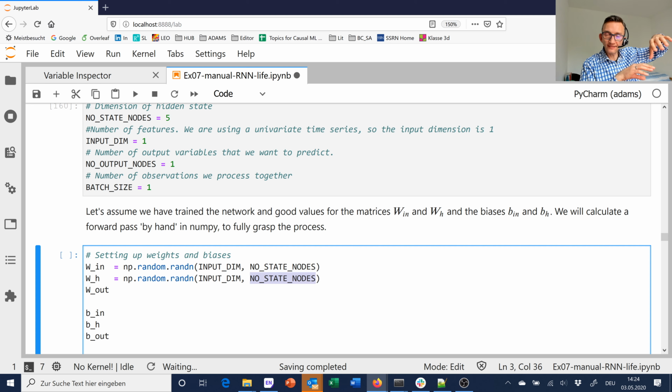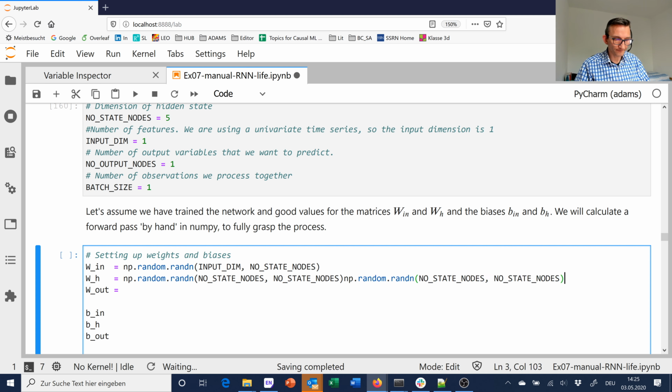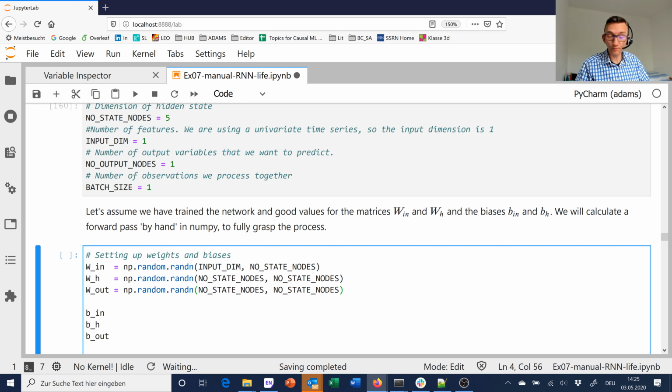We take the hidden state and map it to the next hidden state, HT minus 1 to HT. So here we need the dimensionality of the hidden state. And similarly, oops, that doesn't work. That does work, right? Here we have the number of state nodes, but we need to map to the number of output nodes.